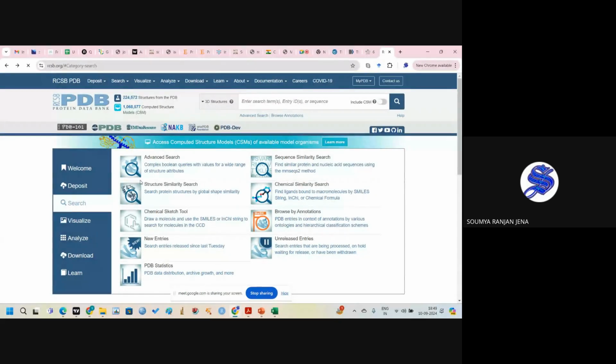In the Protein Data Bank, you can find the structure similarity search, and you can check the similarity of different types of genes.